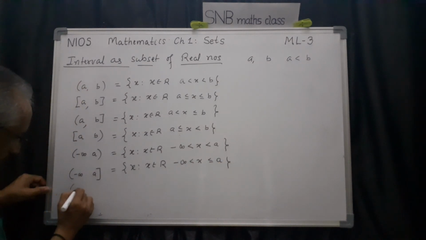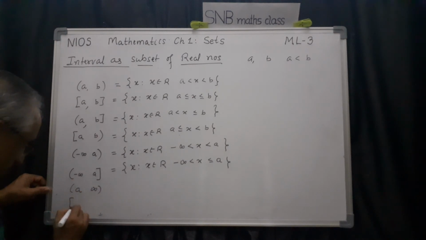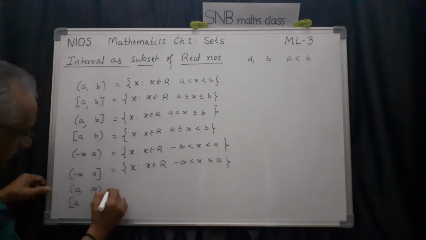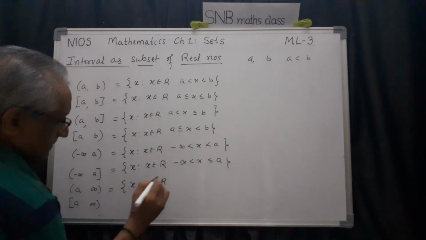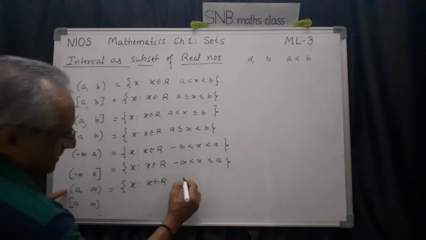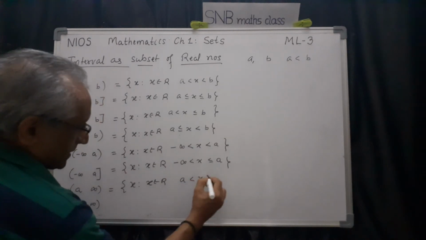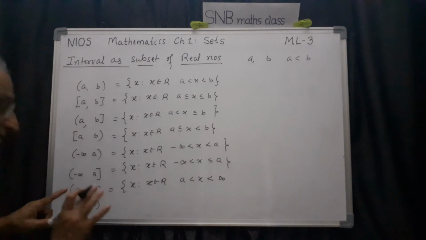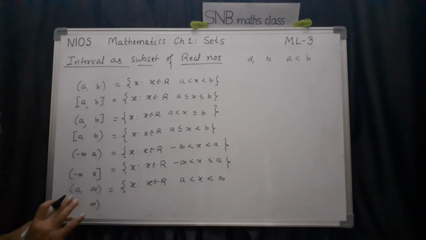Same thing, if you take A to infinity, then closed interval A to infinity. So x such that x belongs to R, then what should I write here? A less than x, if it is open, strictly, and whenever it is infinity it is always open interval. I told you already, if you take closed bracket it is meaningless.